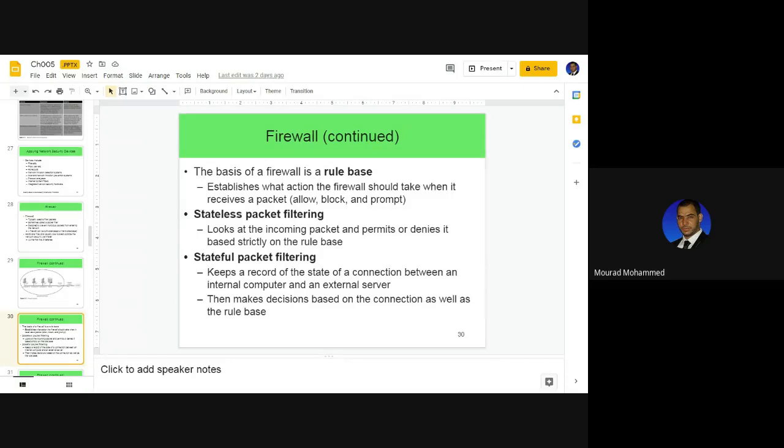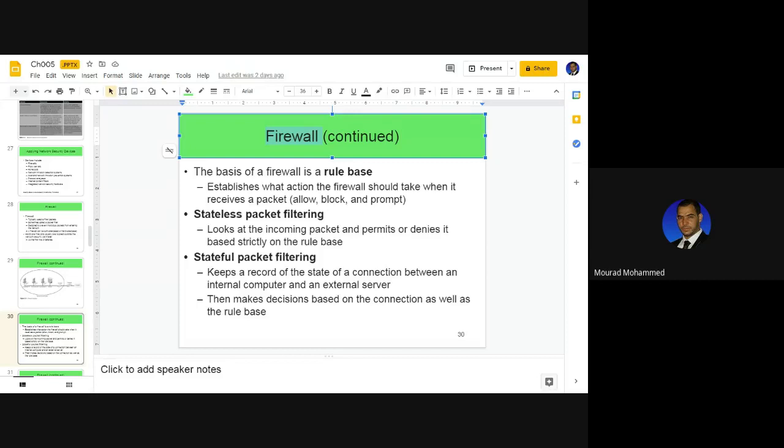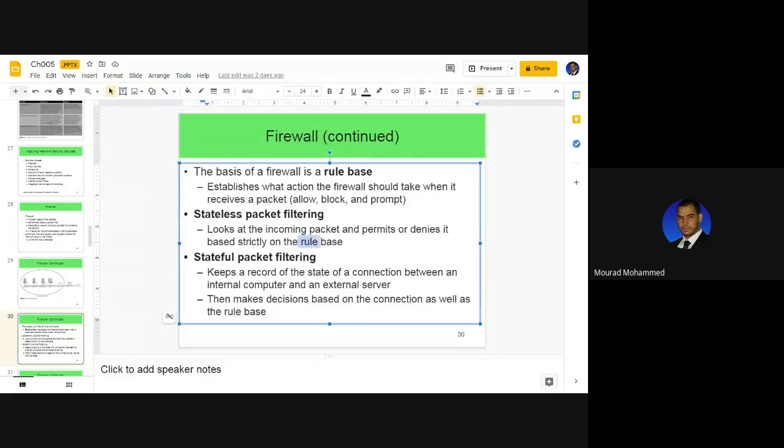So, there are two main categories for the way they filter. The stateless packet filtering firewalls are firewalls that play the role of filtering both the in and out data flow, but based on a group of policies, based on the organization's politics.